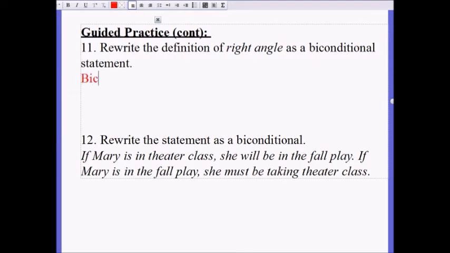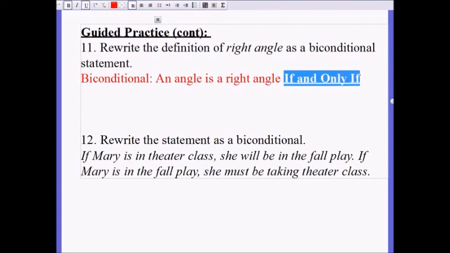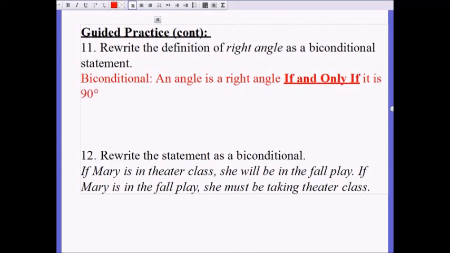My biconditional: an angle is a right angle if and only if it is 90 degrees. I want to be real clear with this: this statement is making it a biconditional statement.